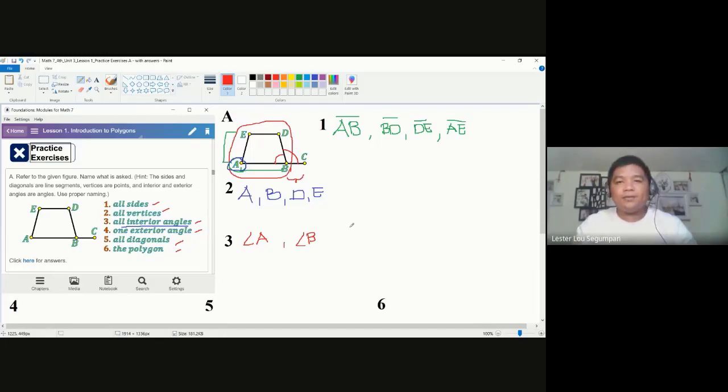Take note that in the previous lessons, if the vertex of an angle is also the vertex of other adjacent angles, we cannot use the naming of using one point only. So instead of saying angle B, we could simply use three points.